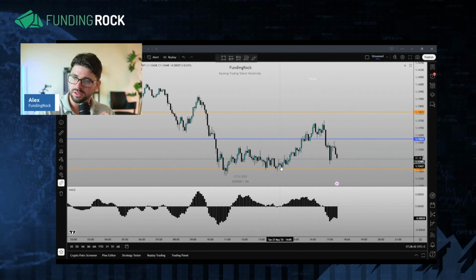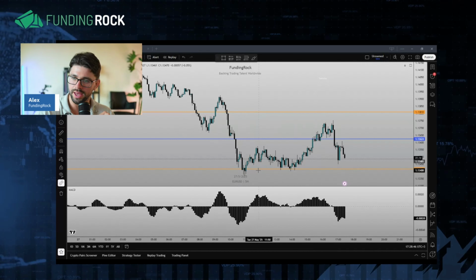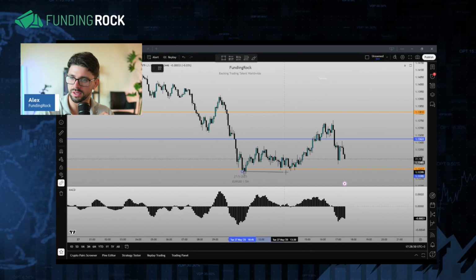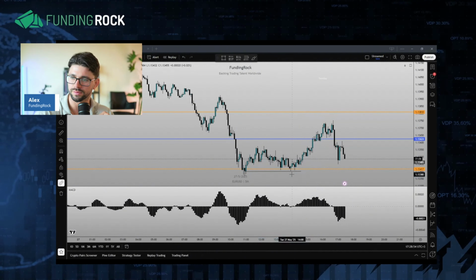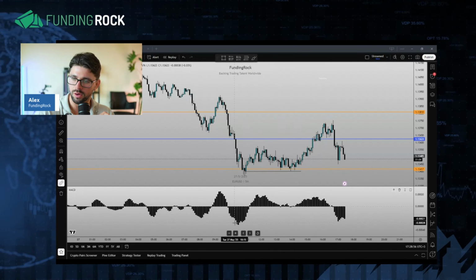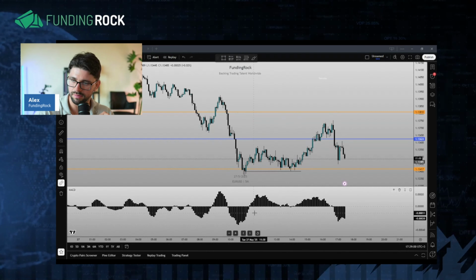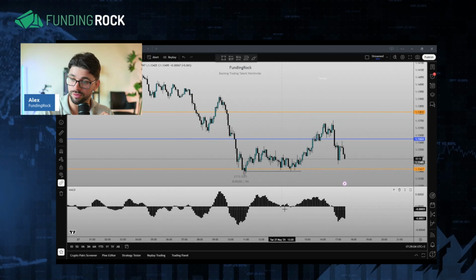Now we're looking at this, you can see again that we are in some equal lows. All of these are equal lows. But you can see quite a large downside momentum with pretty much no follow through right here.